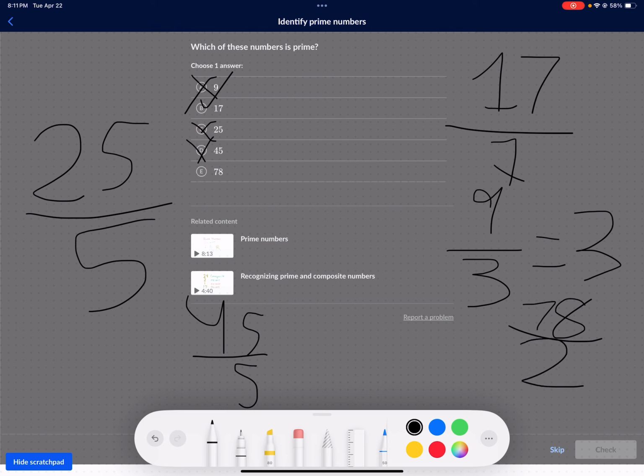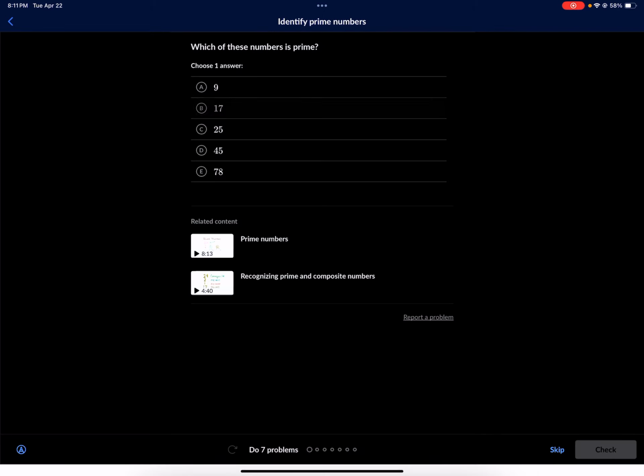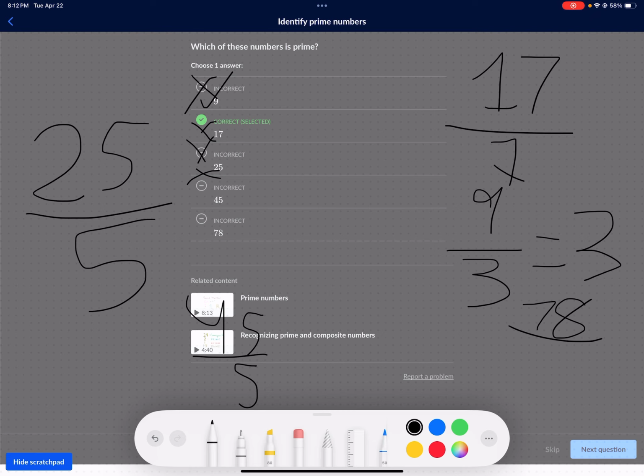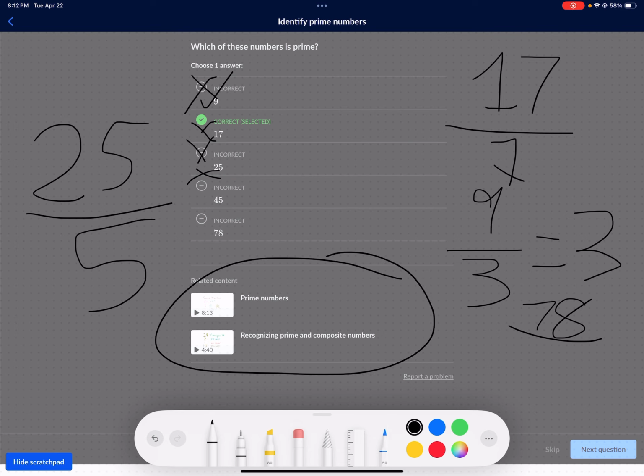This can probably be divided by something else, but all we need is one factor to validate our decision. So B is our only choice here. I forgot to show the step-by-step solution, but you get the idea. If you got that right, good job. If not, here are the videos. Otherwise, happy studying.